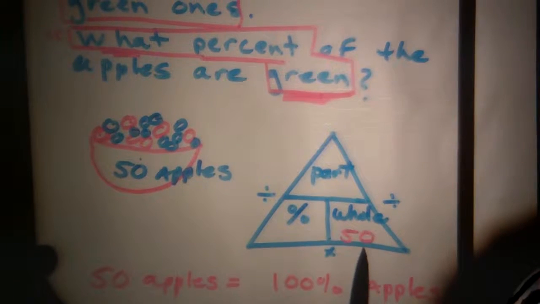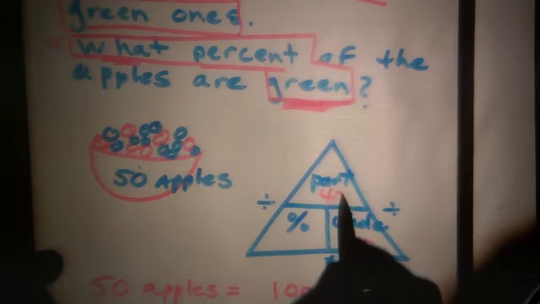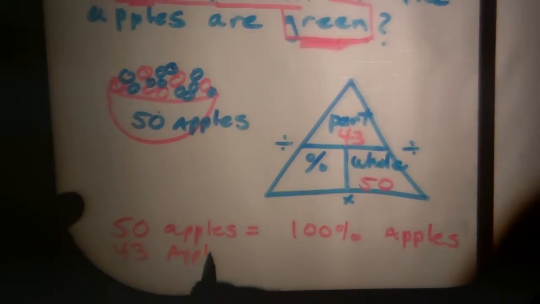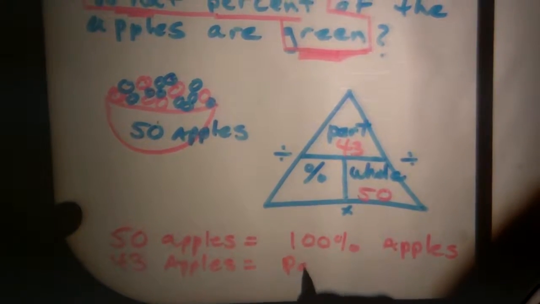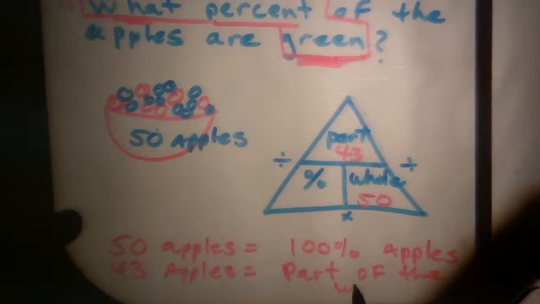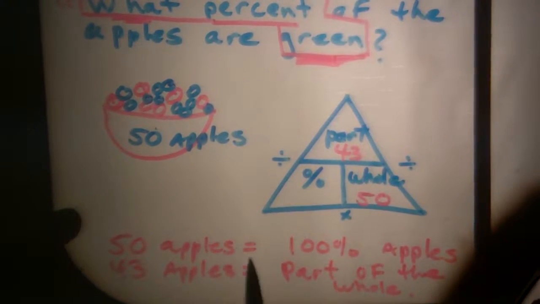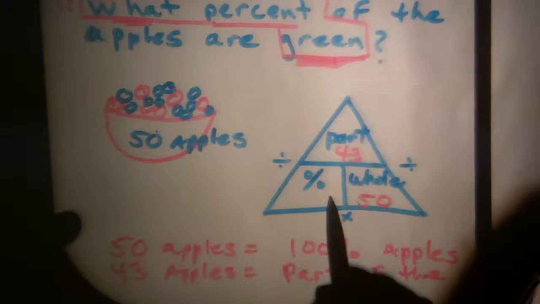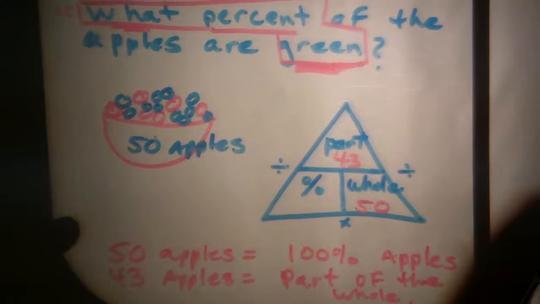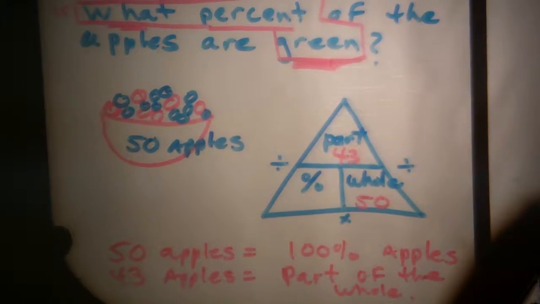So a part of the whole is 43. That's my part. 43 apples equal the part of the whole. Now, do I know percent? No, because the question is, what percent of the apples are green? That's something we have to calculate now.